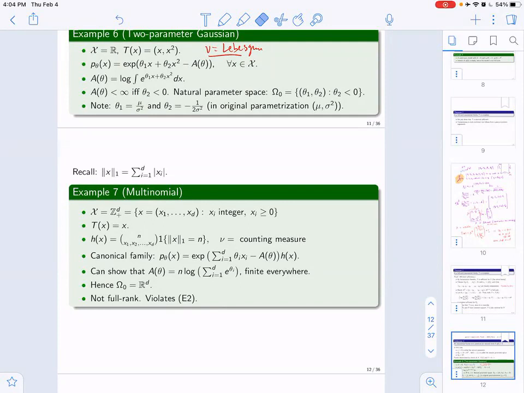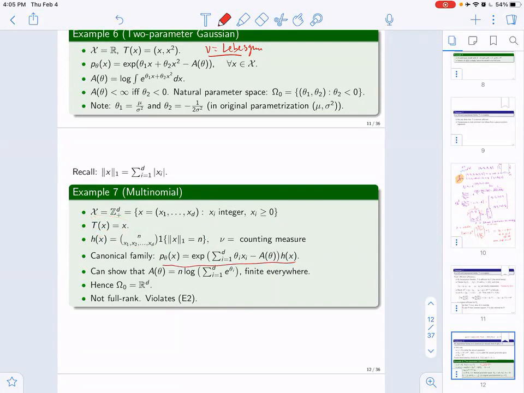You can think of the multinomial as an exponential family in canonical form defined on the sample space of d-dimensional positive integers, and then I put a measure here, setting h of x to be this with respect to the counting measure. And then t of x would be this. So the canonical family looks like this.